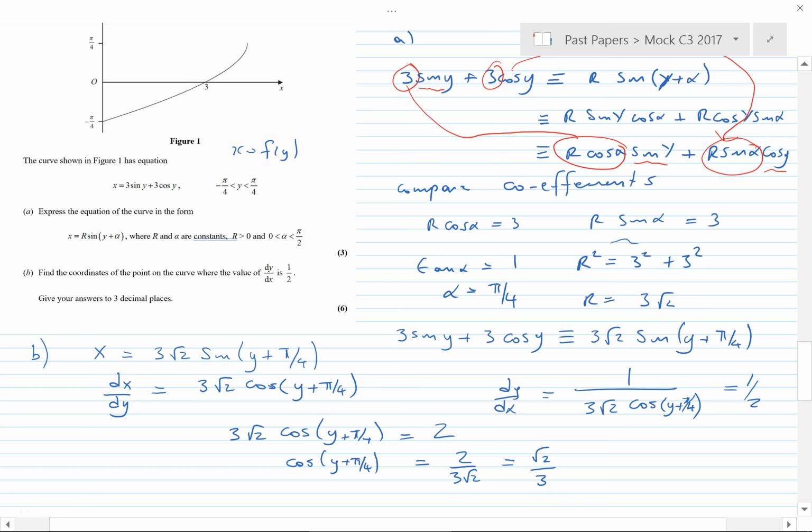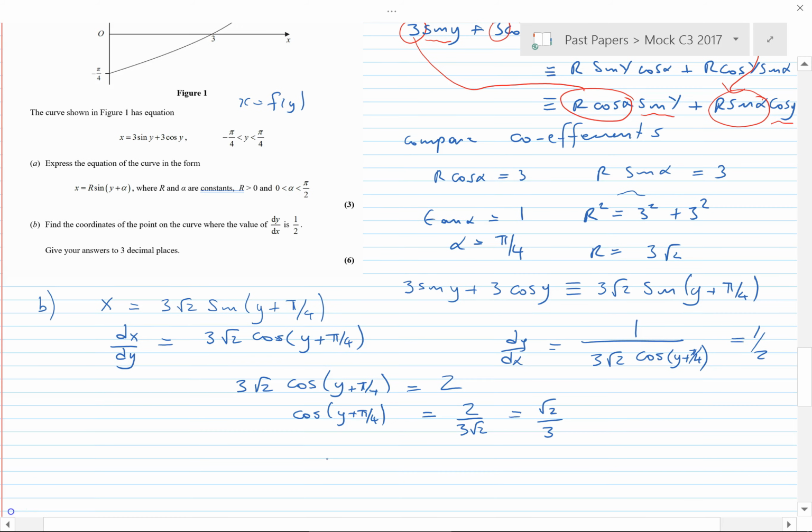Now if I find the inverse cos of that, I'm going to get y plus pi over 4 equals 1.0799 and a whole lot of other stuff. Now, normally, obviously, that might not be the only solution, but I've got a very restricted range with what y is here.